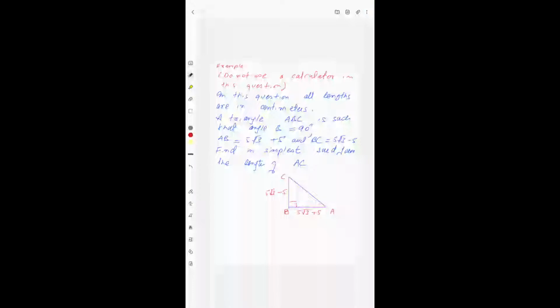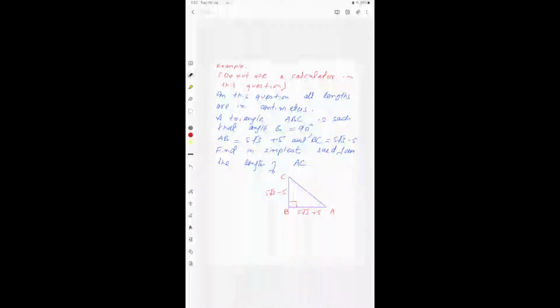I can give you another example, and this is from a past year paper. Do not use a calculator in this question. This is the instruction written in the question paper. And in this question, all lengths are in centimeters.